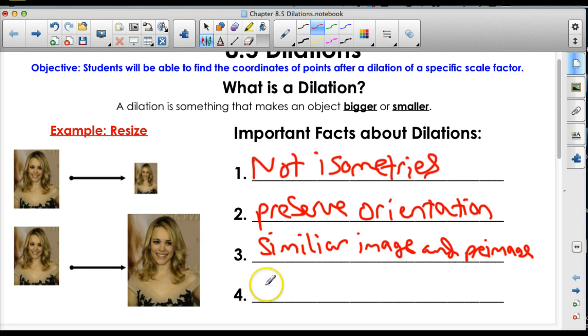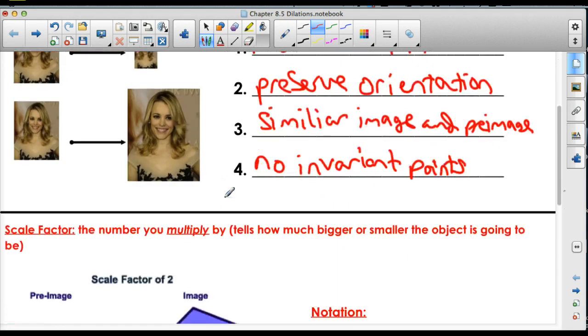Instead, they're similar. And finally, with dilations, there are no invariant points. Every point is going to move. Nothing stays the same. Everything is affected. All right, so dilations are actually pretty interesting when we look at our 4 facts as compared to some of the other transformations that we've done.